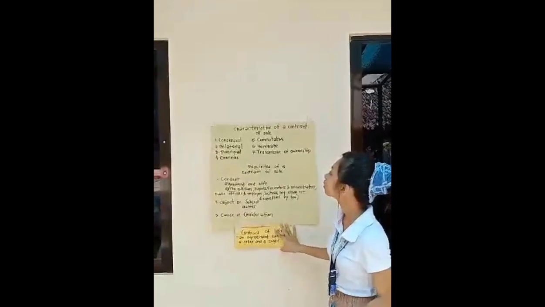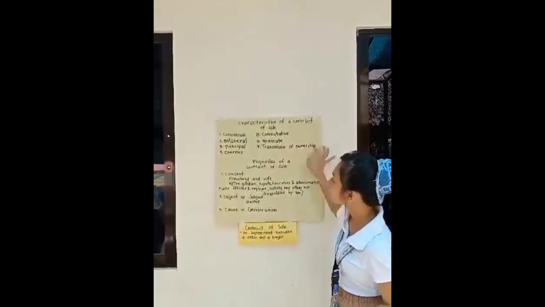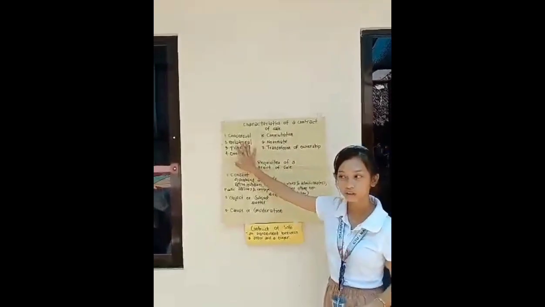item. So, some of the characteristics of the contract of sale. Number 1, consensual.